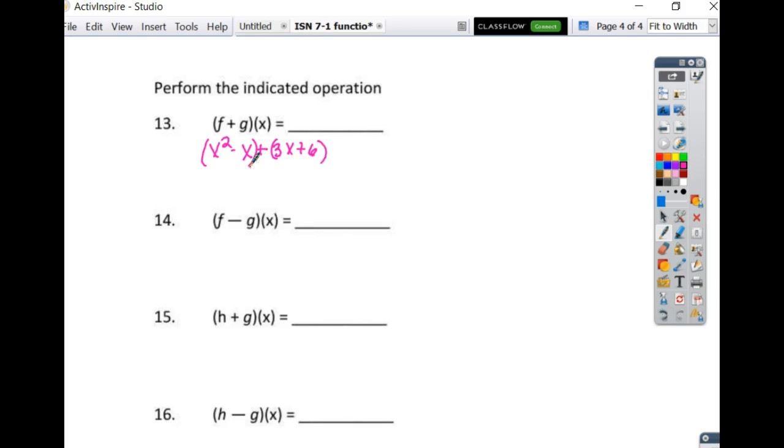There is no x to replace, right? So I don't have to replace the x with anything. It's already an x. So I'm just going to add these two things together. So here I get x squared minus x plus 3x plus 6. And I'm going to combine like terms. I get x squared plus 2x plus 6.